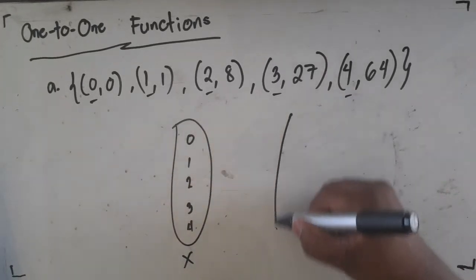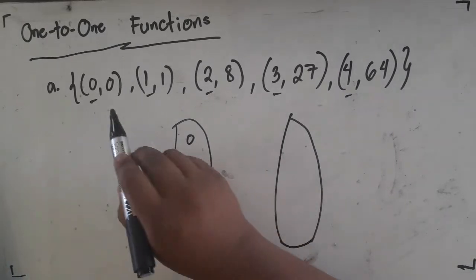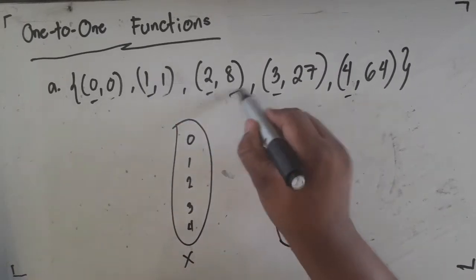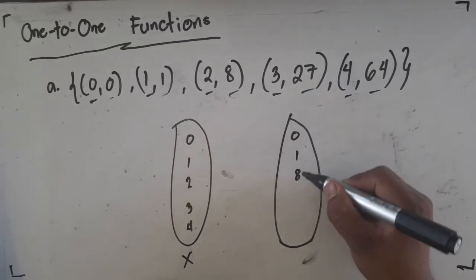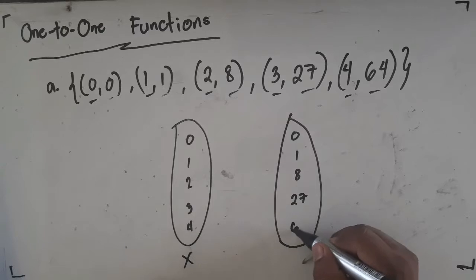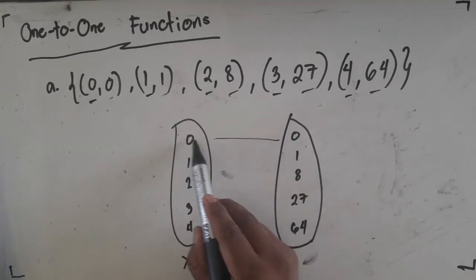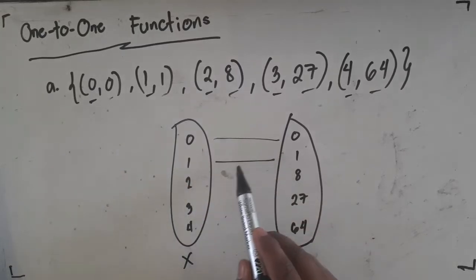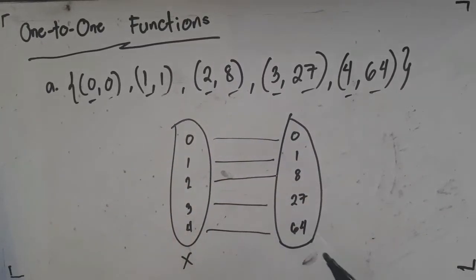And your range, the y values, you have the 0, 1, 8, 27 and 64. Then we pair them: 0 and 0, 1 and 1, 2 and 8, 3 and 27, 4 and 64.